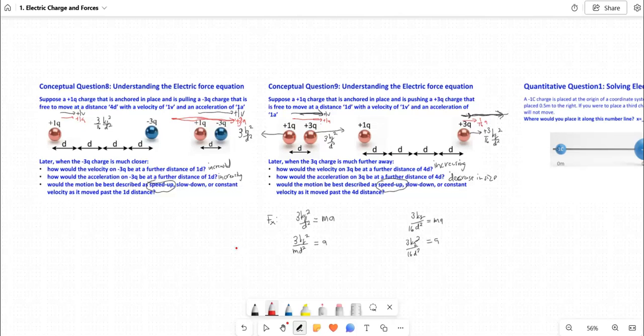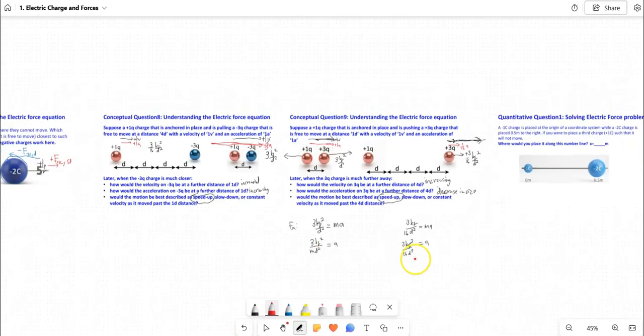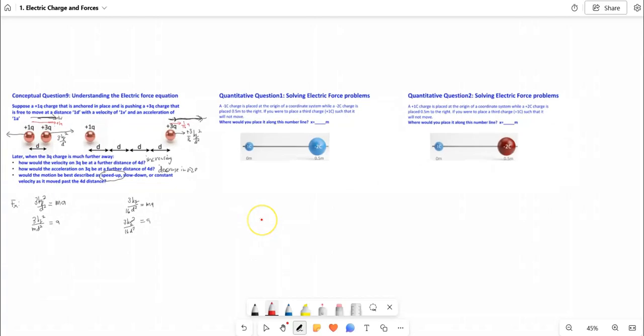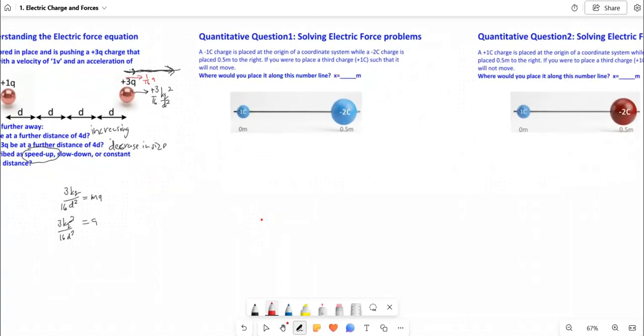They will never be slowing down, and they will never be moving at a constant velocity. They will always be speeding up no matter what their charge, opposite or same sign charge.